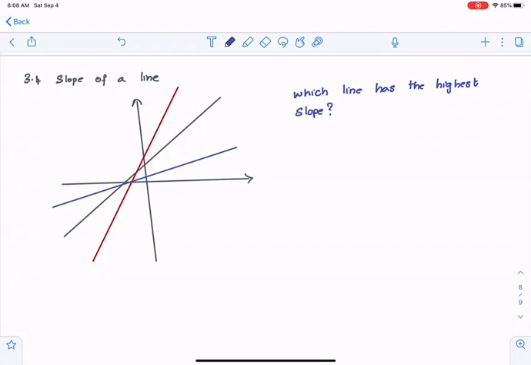Or is it the blue one, or sort of blue one? Definitely the red line. So the red line has the highest slope. And as the slope increases, the line is going to become more and more vertical.